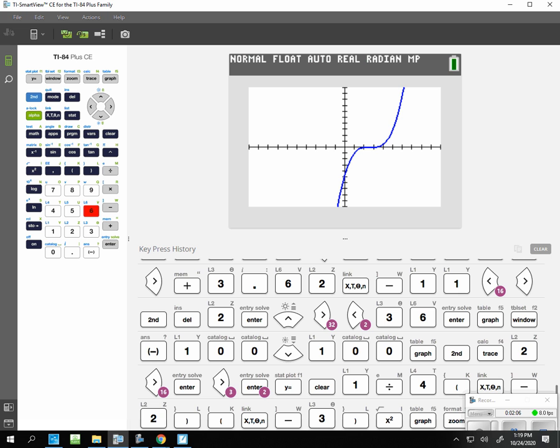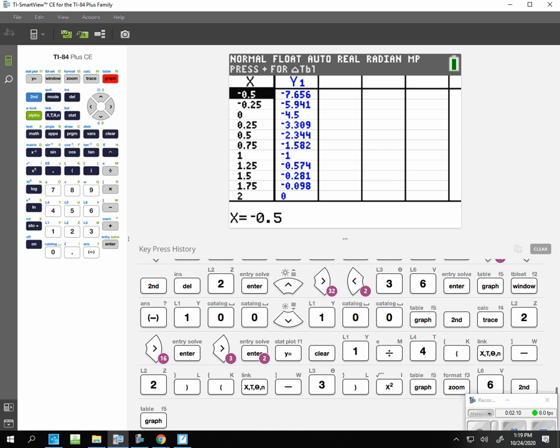But here's what I can do. I'm going to go to second graph, and there are some points that I can use. Notice (1, -1) is a nice point, and (2, 0) is a nice point. As I go down here, notice that it goes slightly over the graph and then it touches at (3, 0).